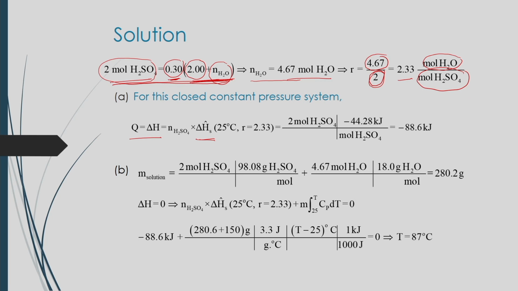Since there are 2 mole of sulfuric acid, the total enthalpy change will be equal to n of sulfuric acid times the specific heat of solution at 25 degrees Celsius and the ratio of water to sulfuric acid mole. According to this, after calculation you get minus 88.6 kilojoule of heat to be removed from the solution.